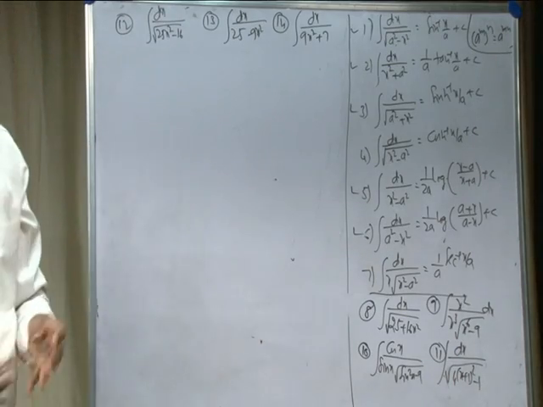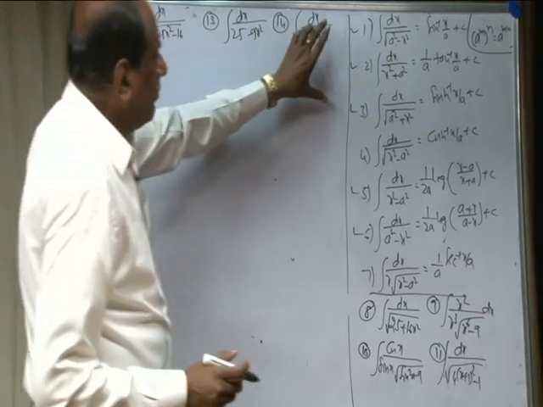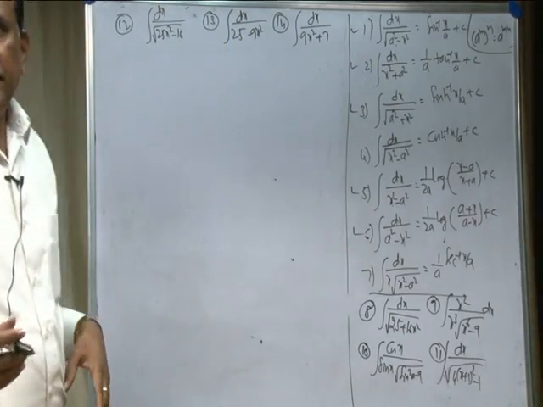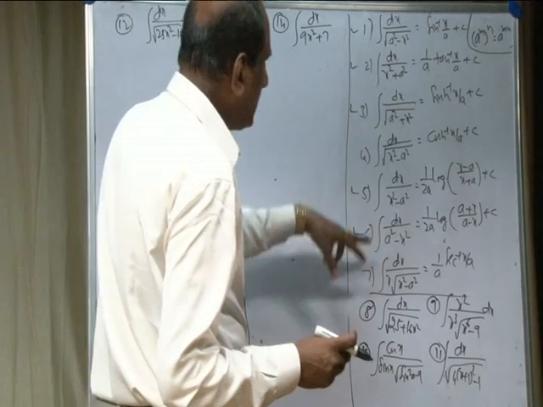Now, I used only 5 standard results to work out problems 1 to 7. Now, I am going to use other results.